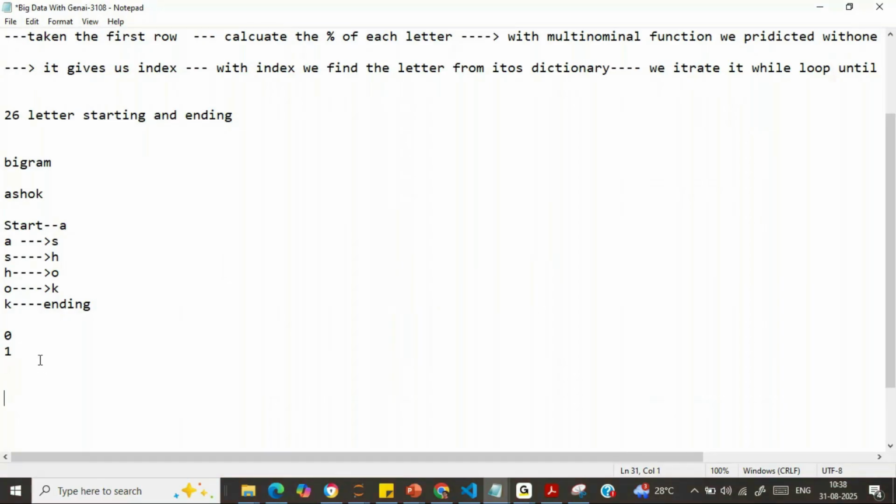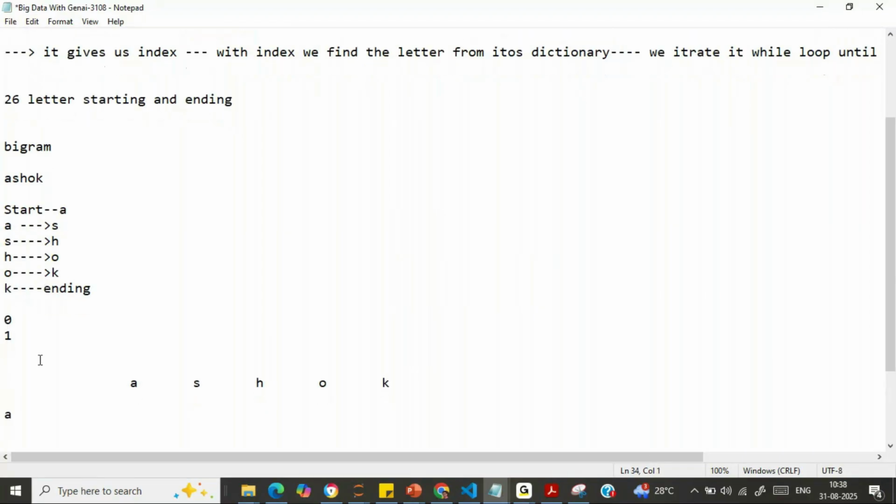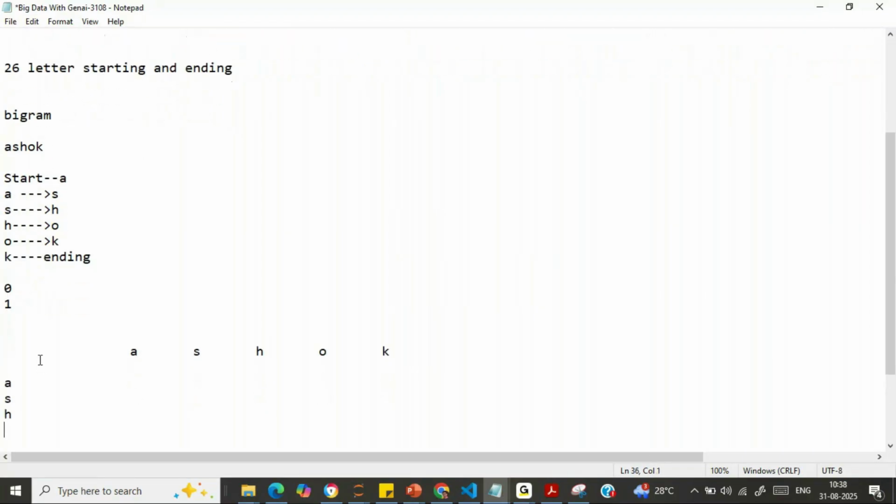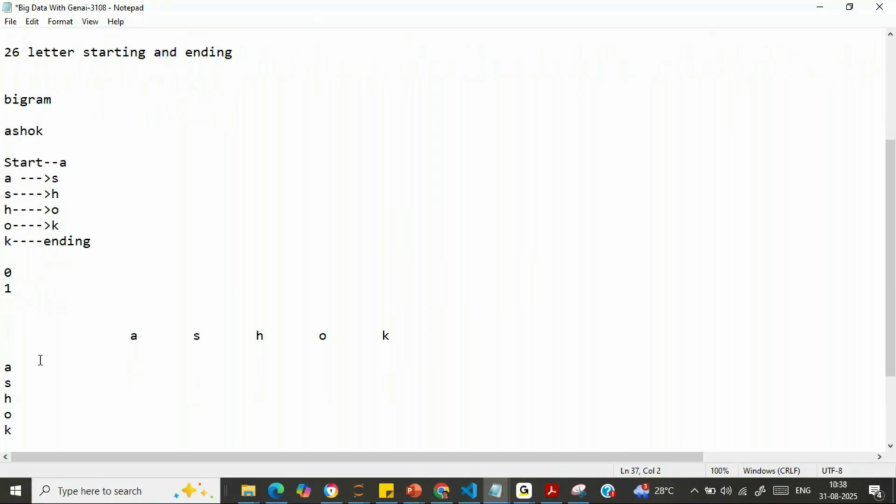let's take an example, A S H O K. We are having these particular values A, S, H, O and K. Okay, so we were having certain counts, say 1 2 1, and say 2 1 1 1 1 0 9.